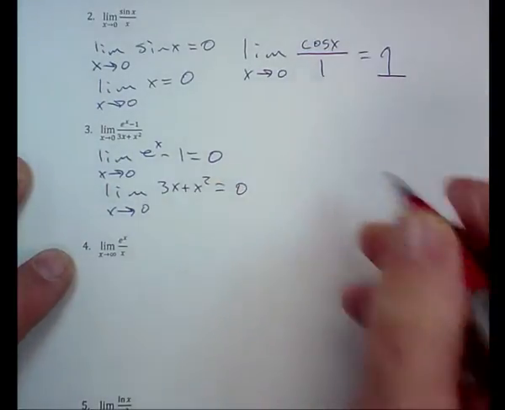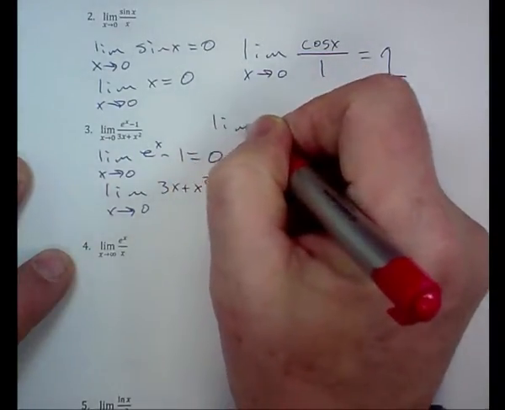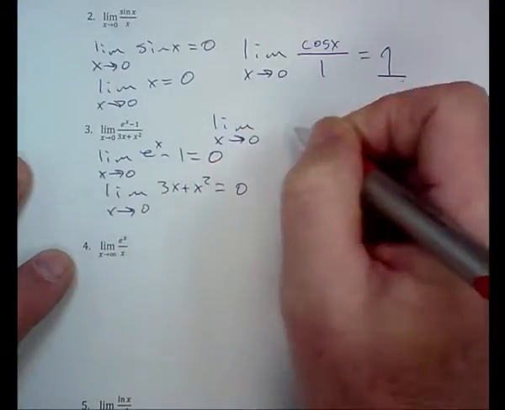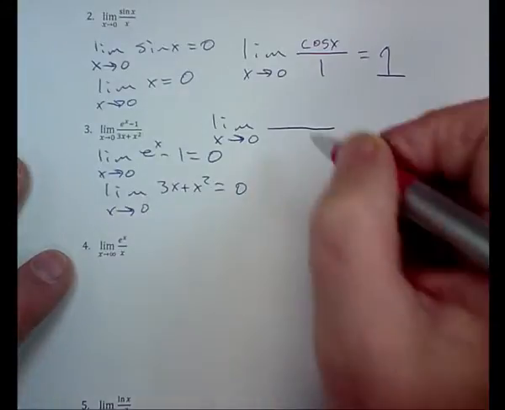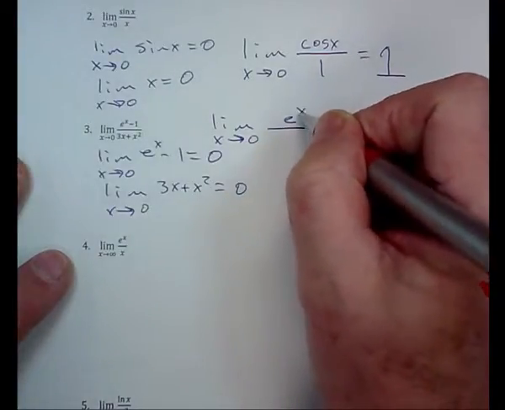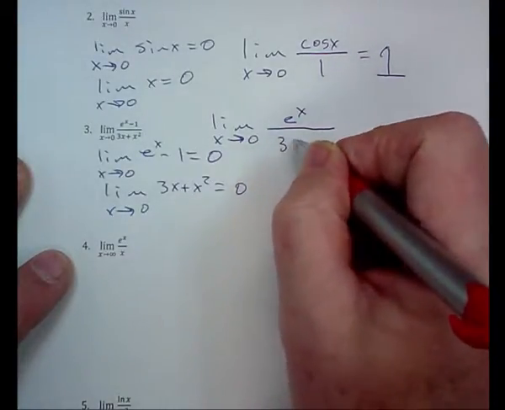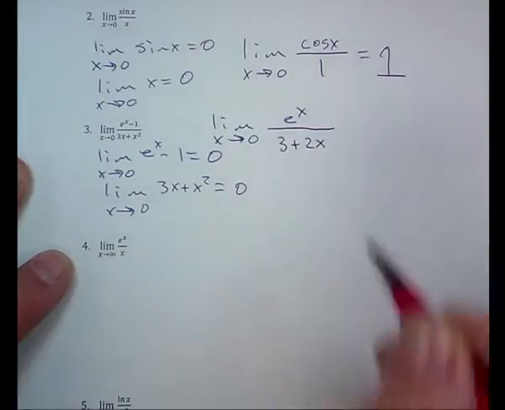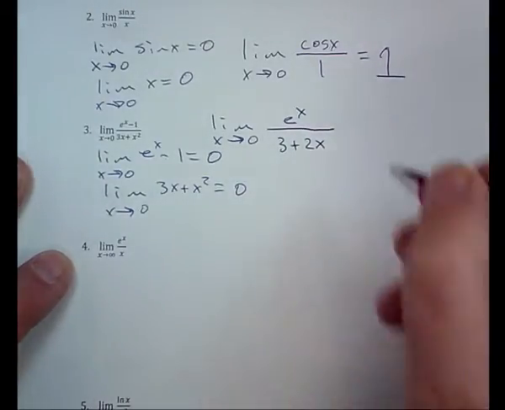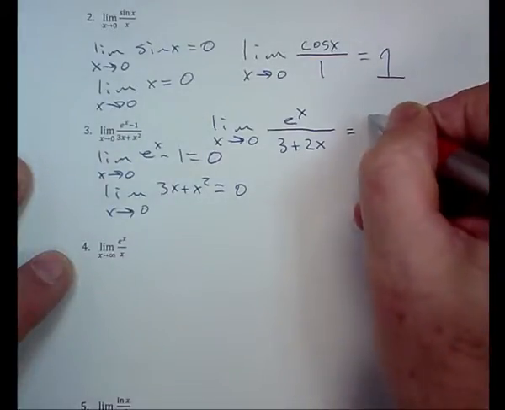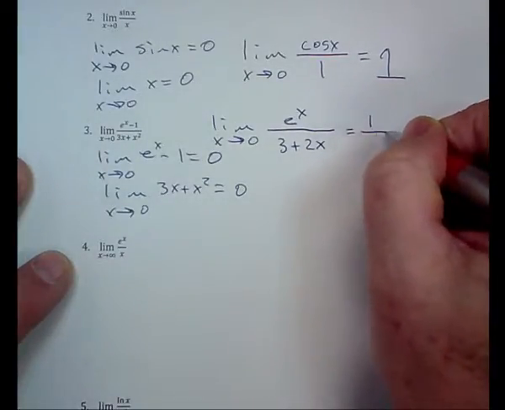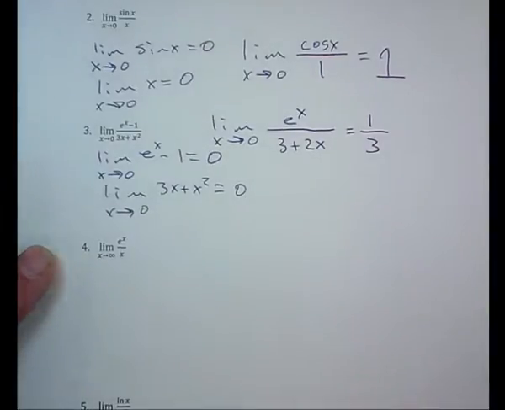And so now I'm going to apply the rule. And I'm going to get what? The limit of e to the x over 3 plus 2x as x approaches 0. Okay, and we get 1/5, or no, 1/3. Very good.